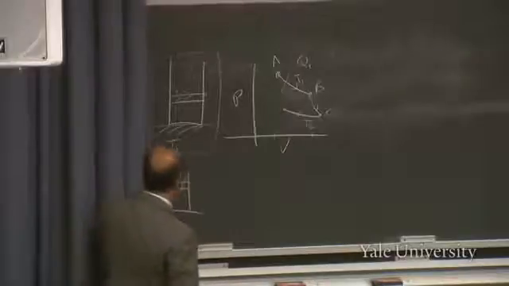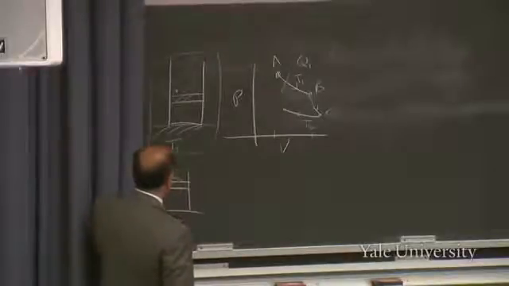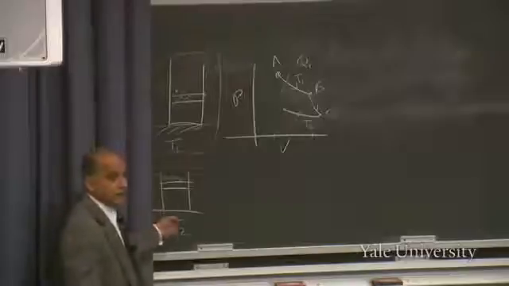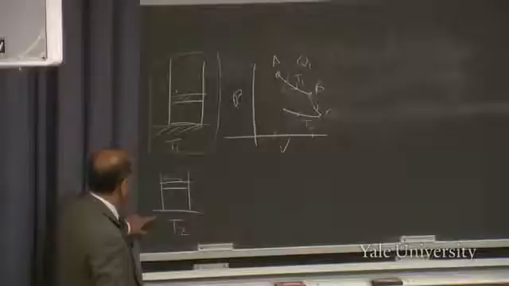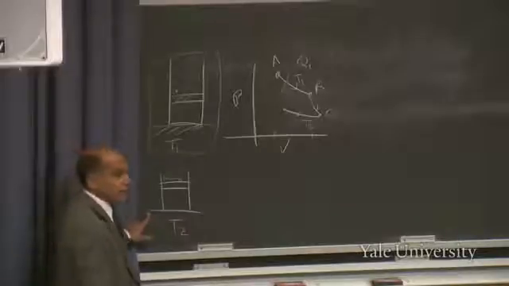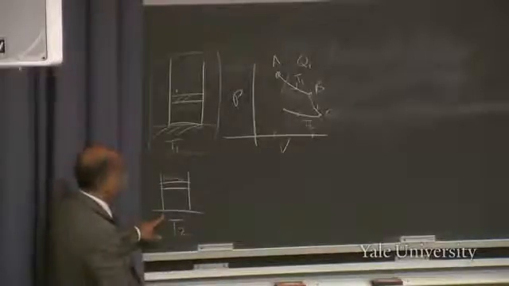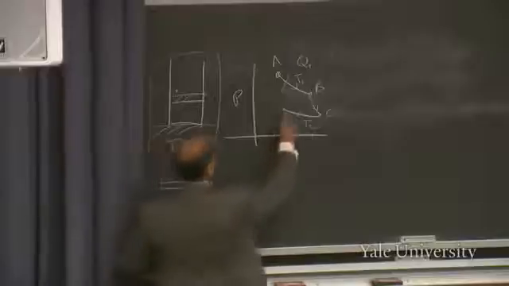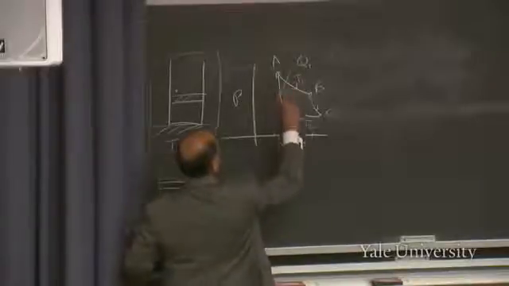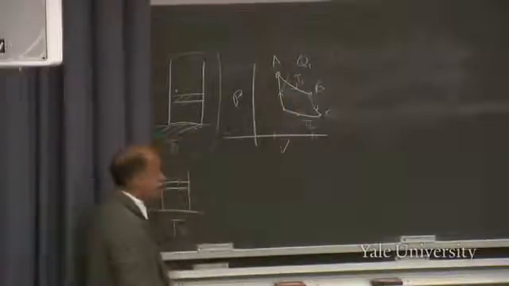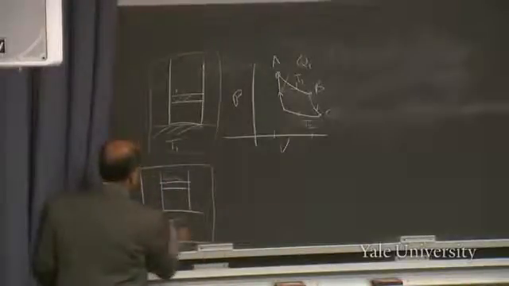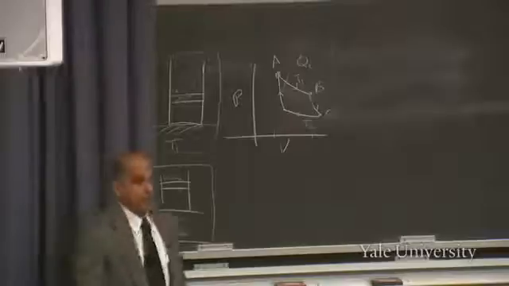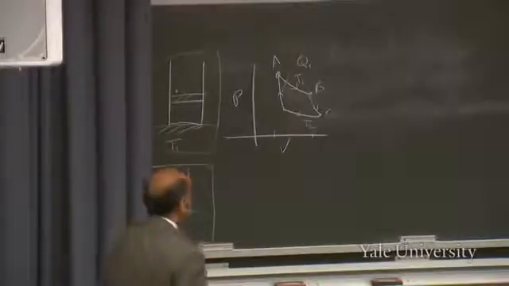Because normally when you compress a gas, you're doing work on it, the energy should go up. The energy goes up, the temperature should go up, but you're not letting the temperature go up. You're forcing it to have the temperature T2, so it'll reject heat into this heat bath. And finally, you come back to the starting point by further compression, but adiabatic. And adiabatic means it's insulated from the outside world, no heat flow. So there are 4 parts.